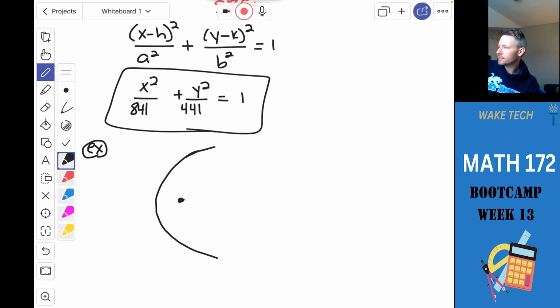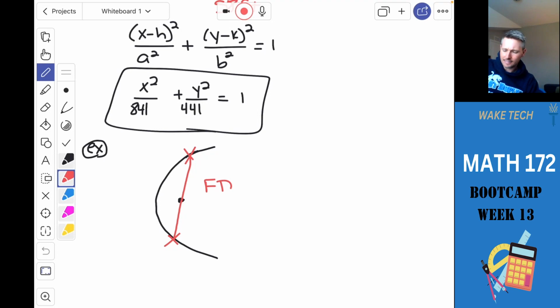What we're told in the question is that the focal diameter is 8 centimeters. The focal diameter is the width of the parabola where the focus is located. So to get from one side of the parabola to the other, passing directly through the focus, that's the focal diameter.